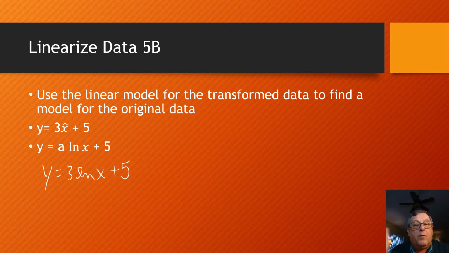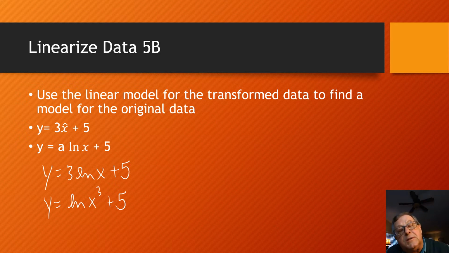But we could use our power property with that coefficient of 3 and state this as the natural log of x cubed plus 5. Boom. There we go. And I think probably what I should have done is substitute here. That should have been b. And b is our y-intercept, and in our linearized data, the y-intercept is 5. So shazam, there we go.